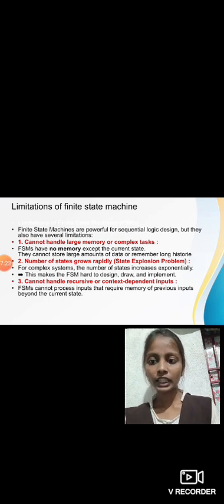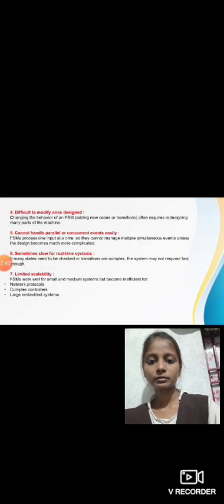It cannot handle recursion or context dependent inputs. FSMs cannot process inputs that require memory of previous inputs beyond the current state. It is difficult to modify once designed.